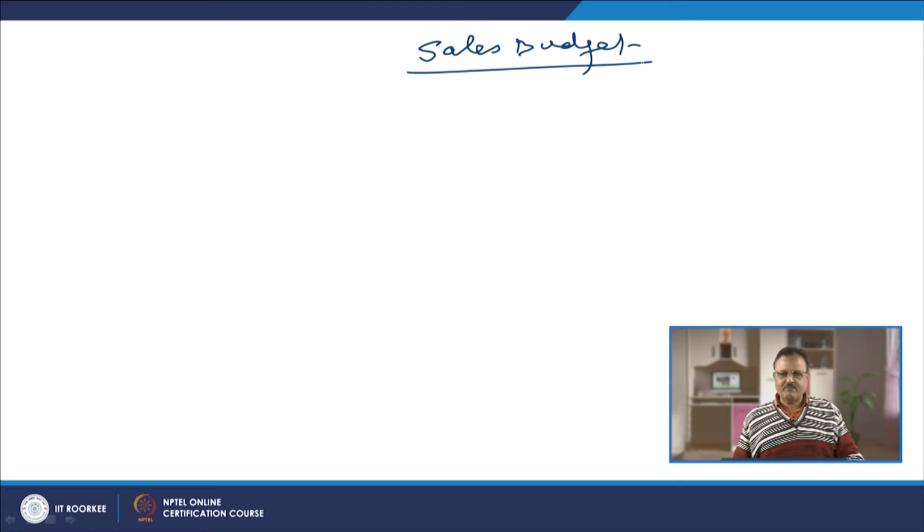We are preparing the first budget, that is the sales budget, and here we write the sales budget, because we have to prepare the net result, the budgeted profit and loss account, and that will not be possible until we prepare all these schedules. While preparing the sales budget, you have to prepare different columns.